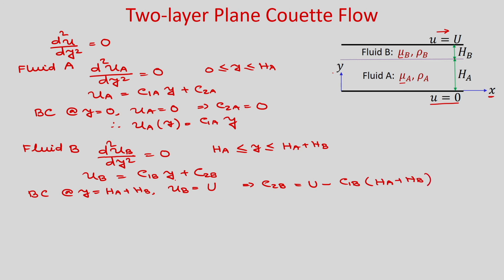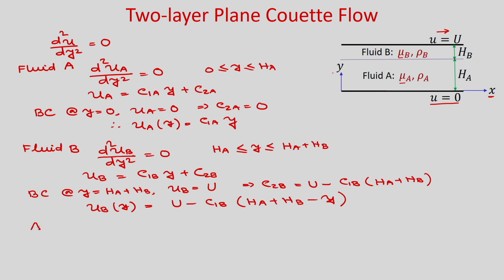So, if you put this value in this expression, the velocity profile u B we will get as u minus C1 B times h A plus h B minus y.